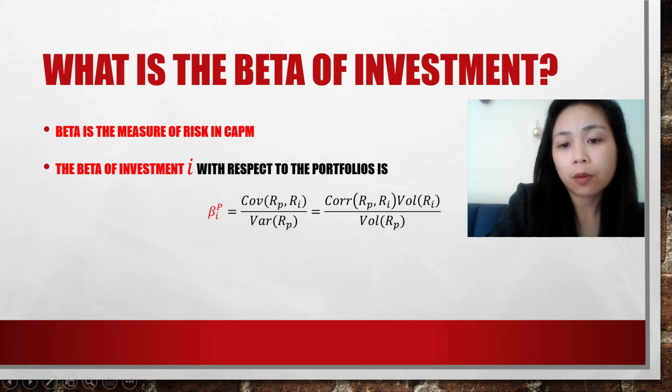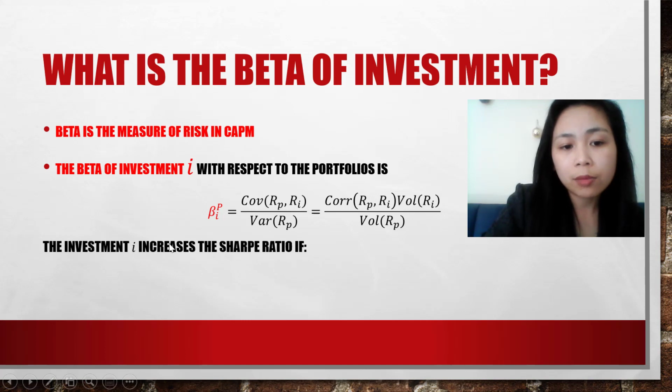Here the volatility of RP cancels with the variance of RP, so the denominator is volatility of RP. Remember, variance is the square of the volatility. So this is how we compute the beta of investment I with respect to the portfolio.